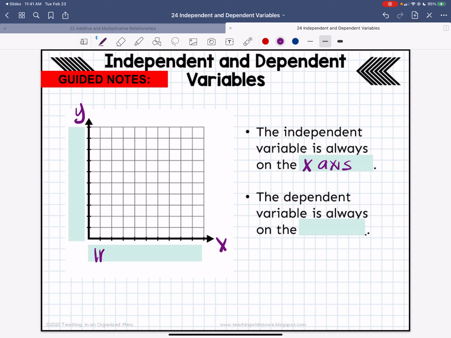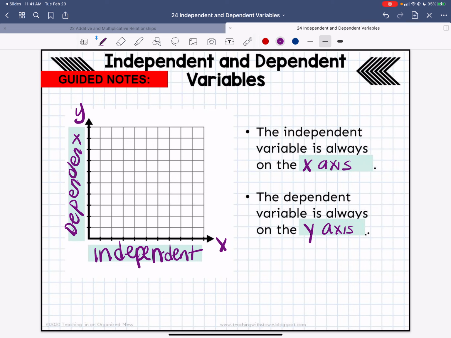So this is the independent variable. And the dependent variable is always on the Y. This is D-E-P.